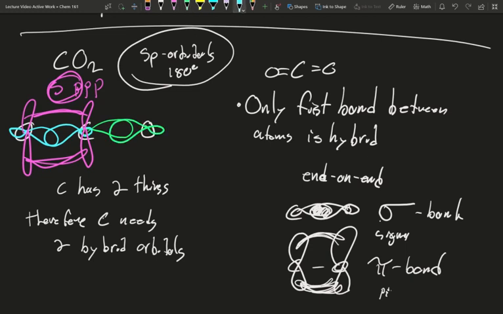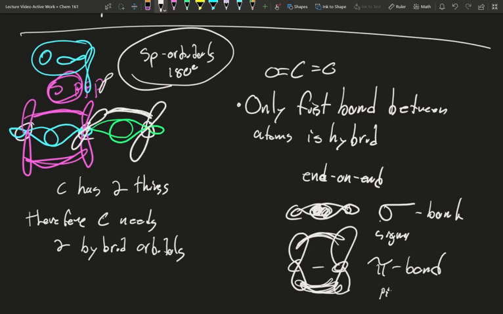Well, this does raise an interesting idea. To make my hybrids go left and right, I used my left and right p orbital. So my left and right p orbital got used with my s, so they're gone. I just used my up and down p orbital. The only remaining p orbital is the in and out p orbital. That's actually the one that bonds to the second oxygen.